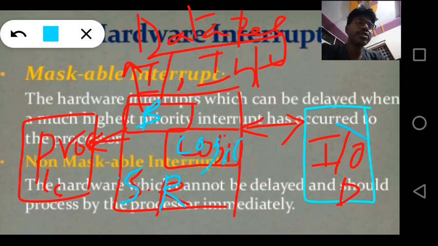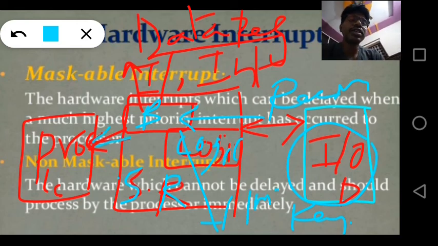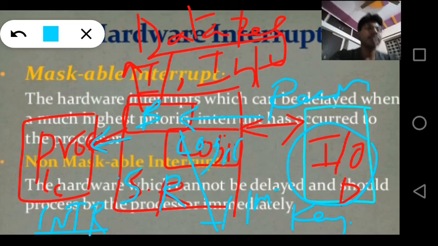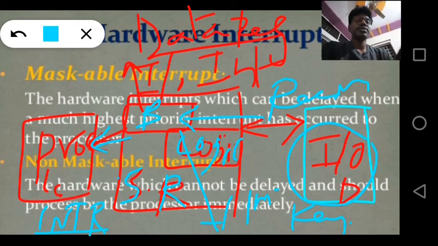When it receives ready, that means the keyboard keeps on entering the data, and the data goes to the data register. When it becomes one memory word, then the IO interface generates an interrupt, INTR. And this hardware interrupt is of two types: one is maskable interrupt and another is non-maskable interrupt.